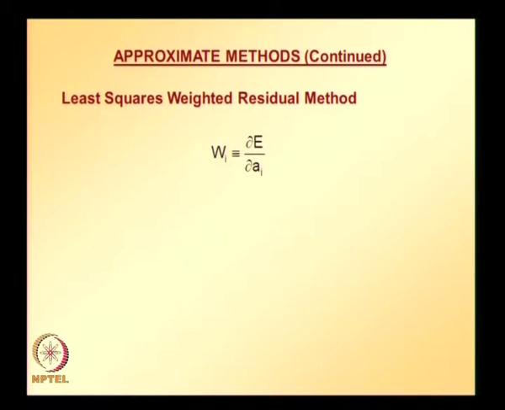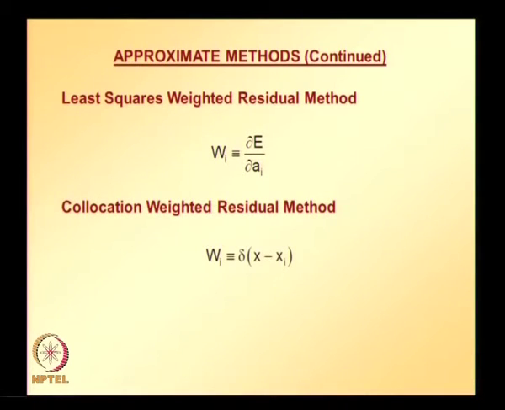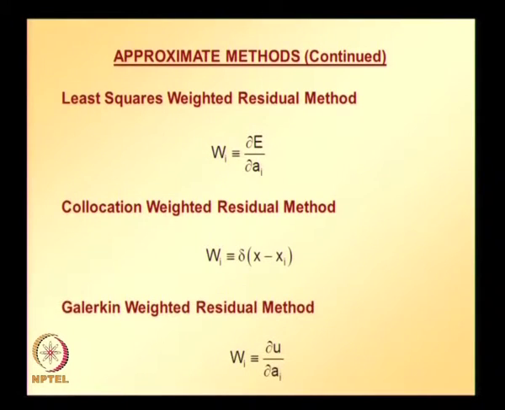each of these weighted residual methods differs in the way the weight function is defined. In the least square weighted residual method, the weight function is the partial derivative of the residual with respect to the unknown parameters. In collocation weighted residual methods, the weight function is the Dirac delta function, and in the Galerkin weighted residual method, the weight function is the partial derivative of the trial solution with respect to the unknown parameters or coefficients.